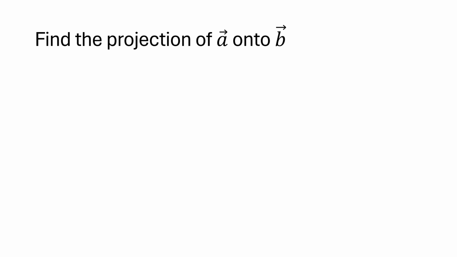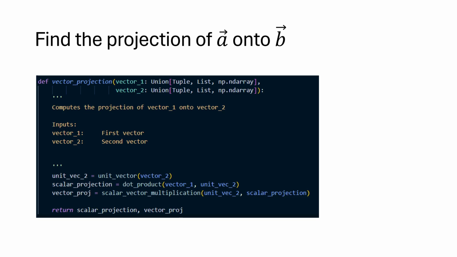Now in the second example, we'll try to find the projection of A onto B for the vectors used in the previous example. For this, we write the vector_projection function, which takes two vectors as arguments. In the previous slides, we have seen that the scalar projection of vector A onto vector B is simply the dot product between the vector A and the unit vector in the B direction.